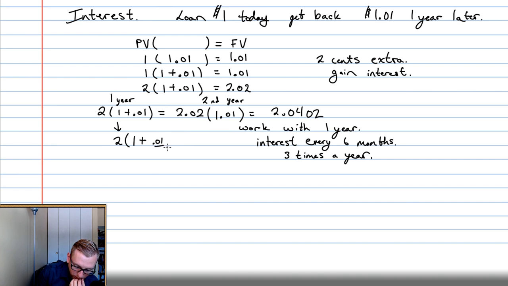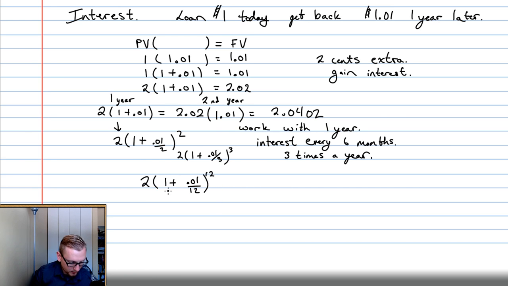So 0.01 divided by 2, squared. This one would be 2 times 1 plus 0.01 divided by 3, cubed. This one here, 12 months: 1 plus 0.01 divided by 12, to the 12. See the pattern here? This will be better.